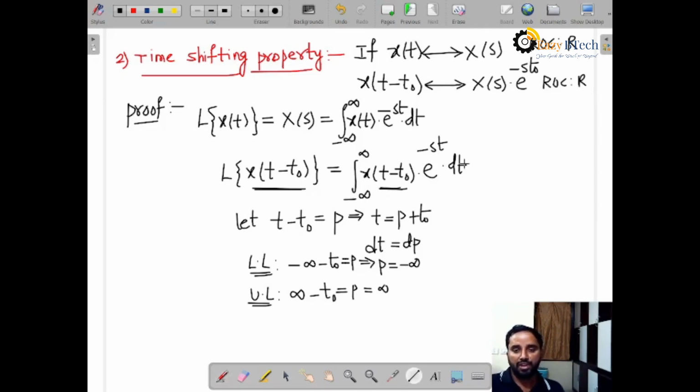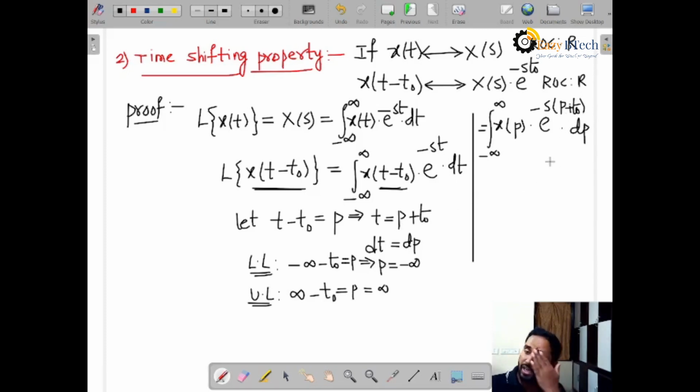So if you go to next step, just a substitution of all those. Lower limit is the same, minus infinity, upper limit also the same, and x of t minus t naught, what is t minus t naught? p, into e to the power minus st. What is t here? p plus t naught. So here p plus t naught, dt is equal to dp, right?